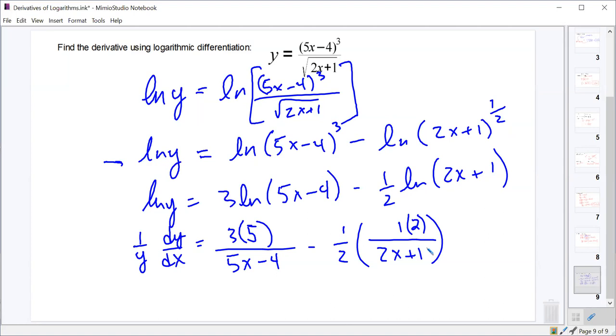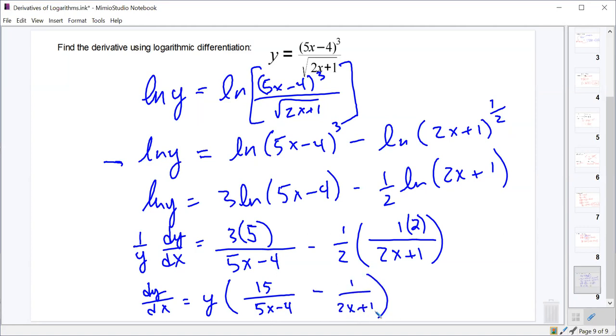Okay. And so then that will give us dy/dx is equal to y times 15 over 5x minus 4 minus 1 over 2x plus 1. And then all we have to do is turn that y back into our original equation.